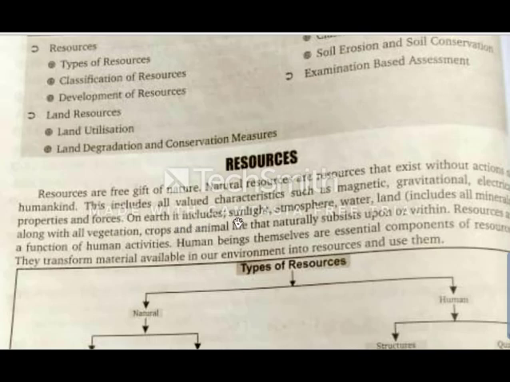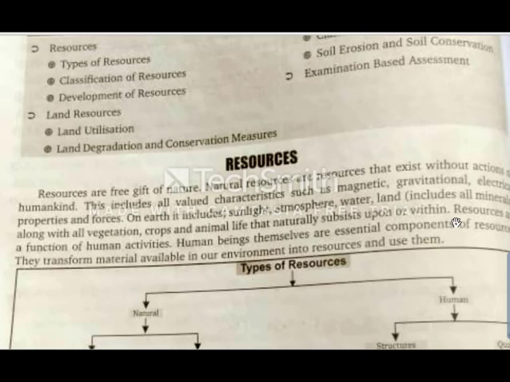On Earth, it includes sunlight, atmosphere, water, land, including all minerals along with all vegetation, crops and animal life that naturally subsists upon or within.